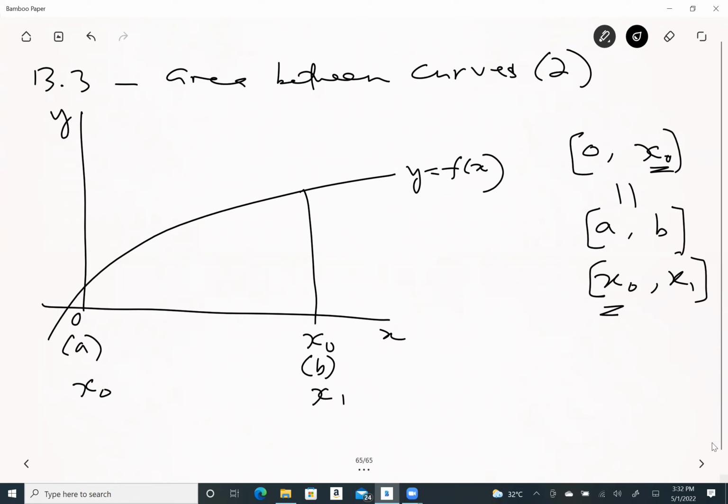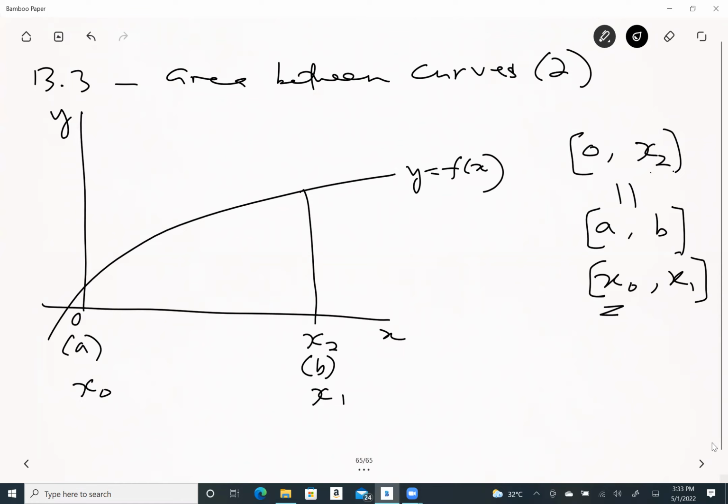Maybe we can use another number rather than X0, which can be confusing. So let's say we use X2. So X2 is the specific interval, as per that example, 0 to X2. In general, the interval X0 to X1 can be any value.